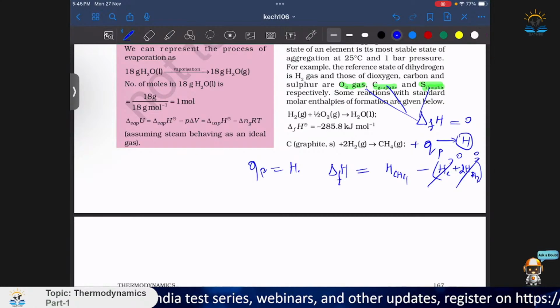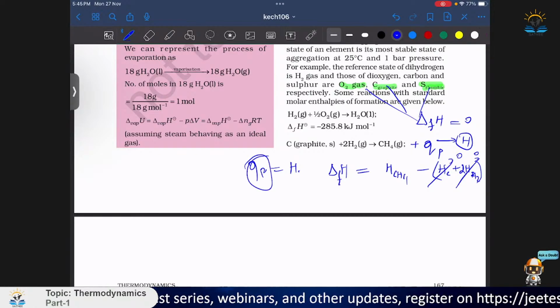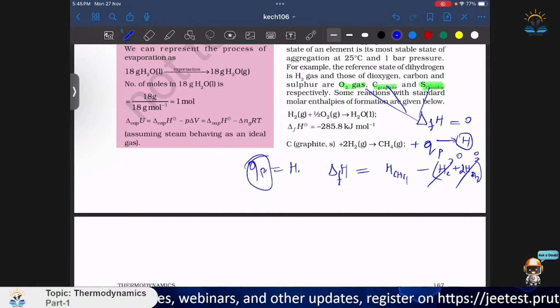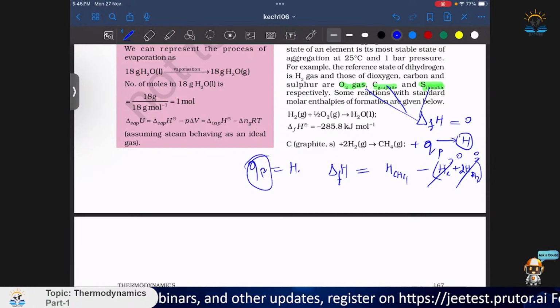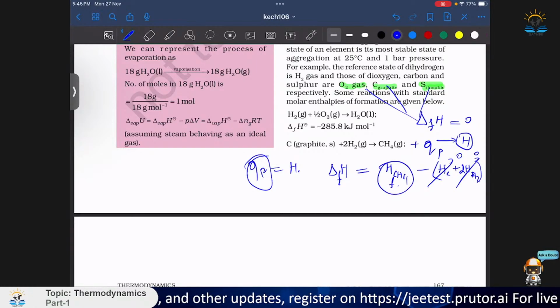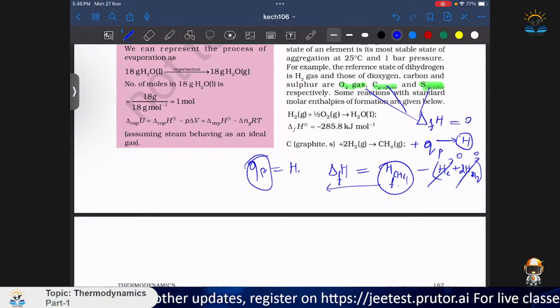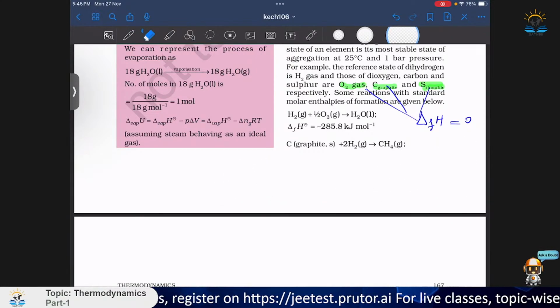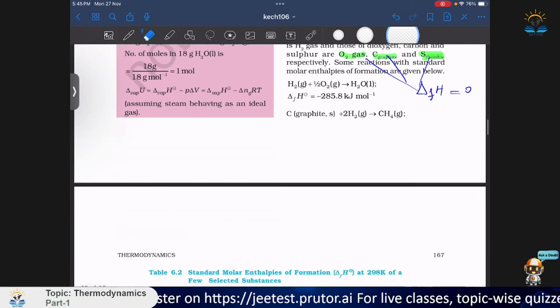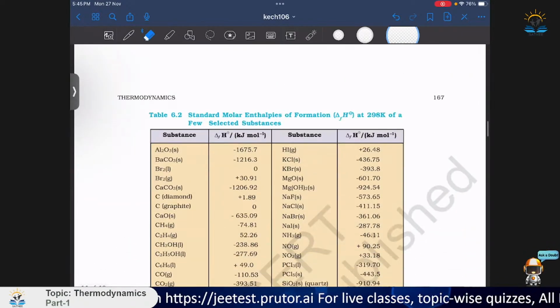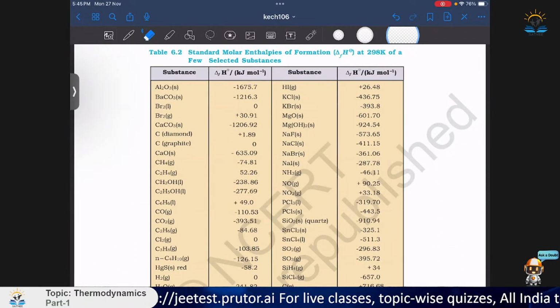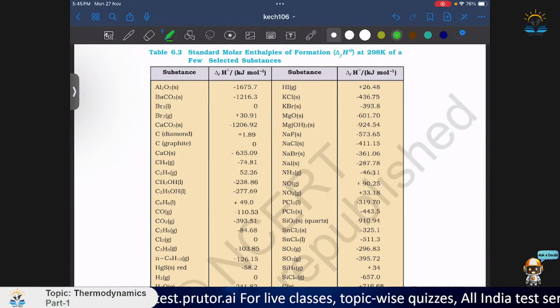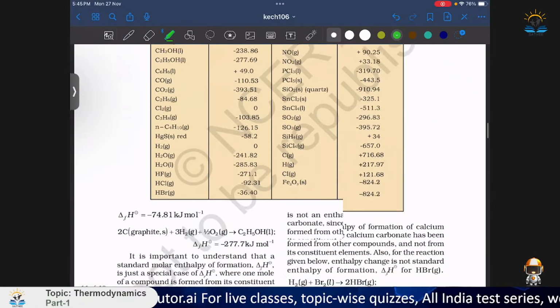So if we define this change in heat as heat of formation, the enthalpy of formation of CH4 is whatever heat change we have just encountered. That is why we need to do it with the reference state, so that we can just cancel their enthalpies as 0. Now they have given a table in which molar enthalpies are given.